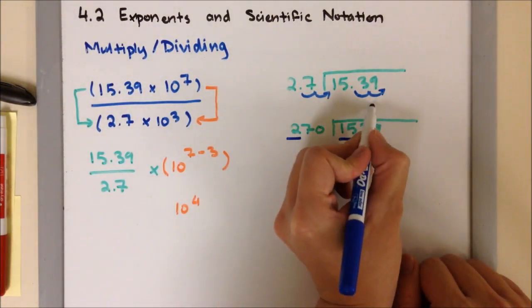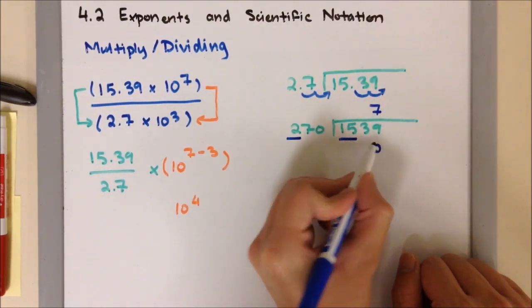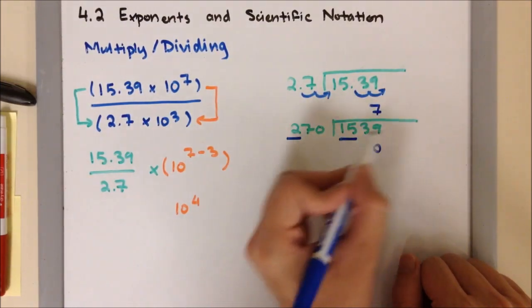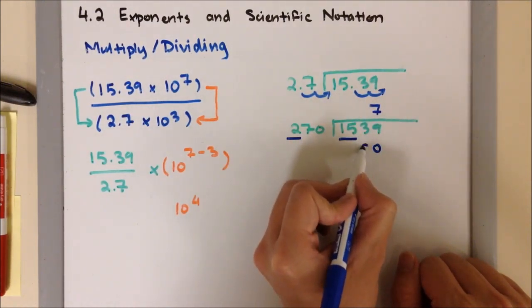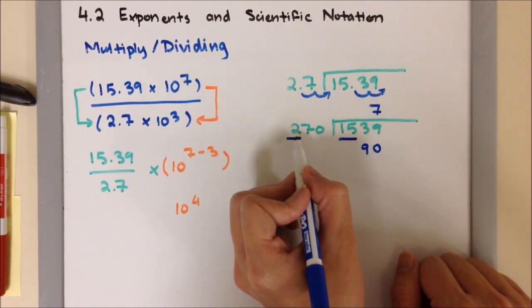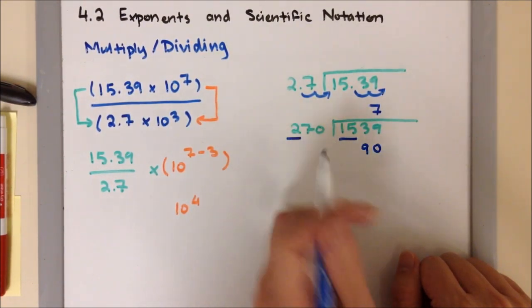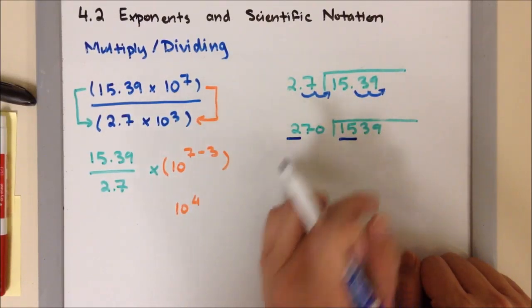So let's try with 7. So 7 times 0, 0. And then you may skip this. I'm just going to write out the work. 7 times 7, that's 49. Carry the 4. 2 times 7 is 14 plus the 4, that's 18. So that's going to be too high. So I'm not going to actually use 7.